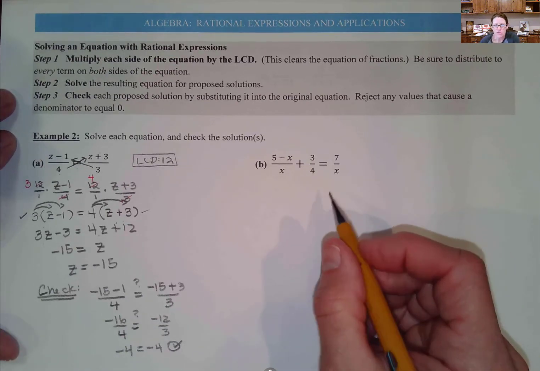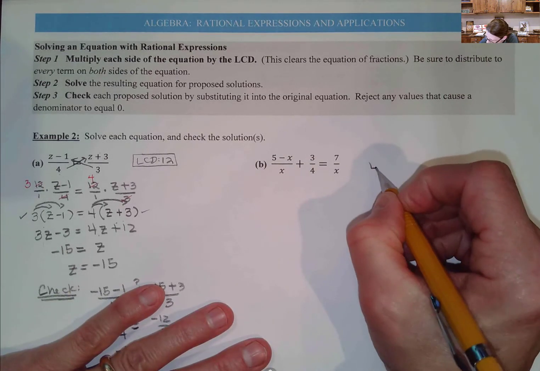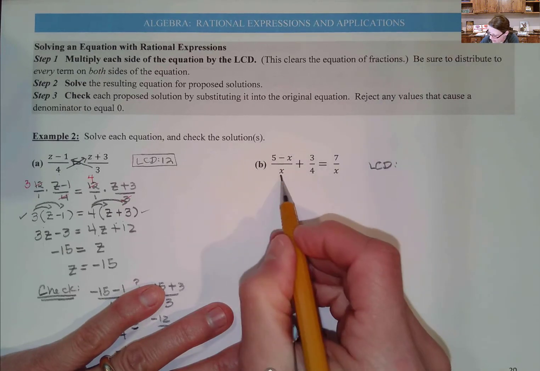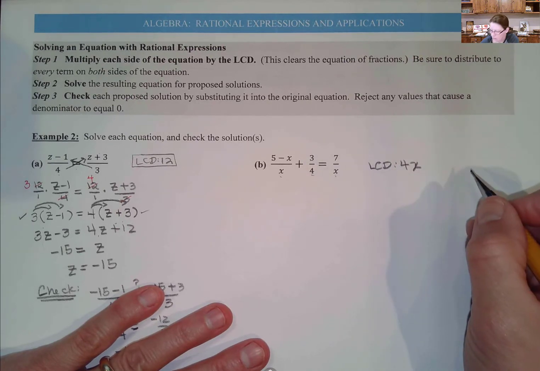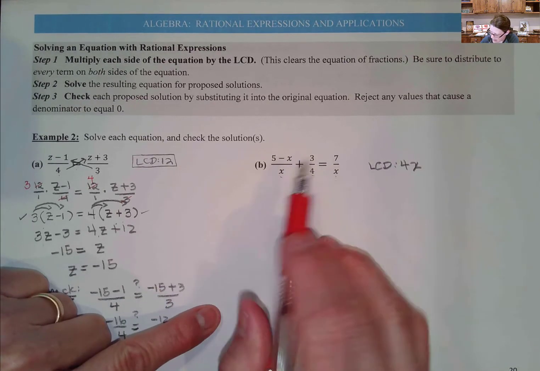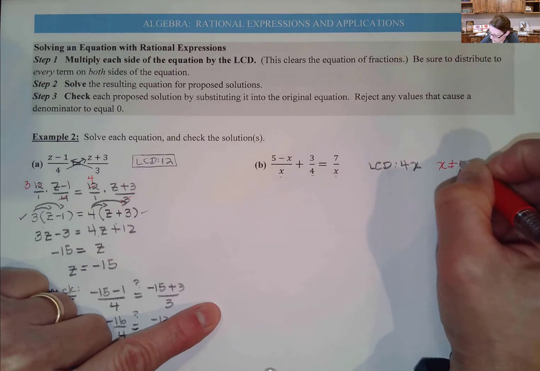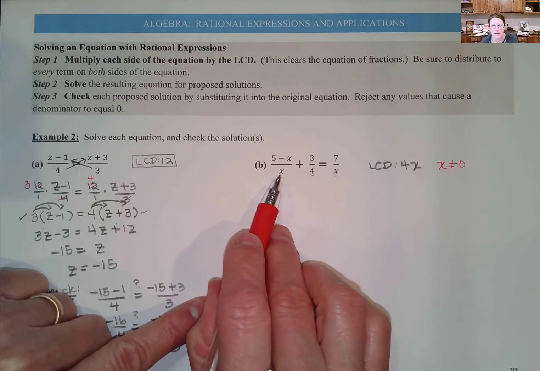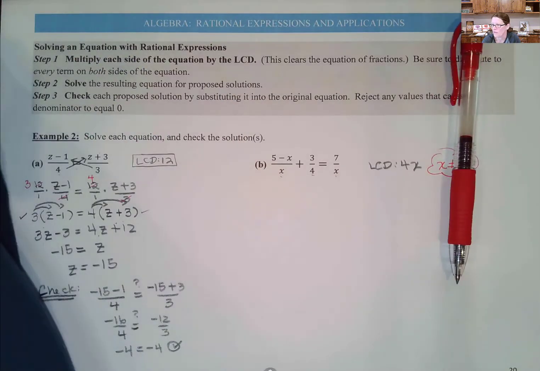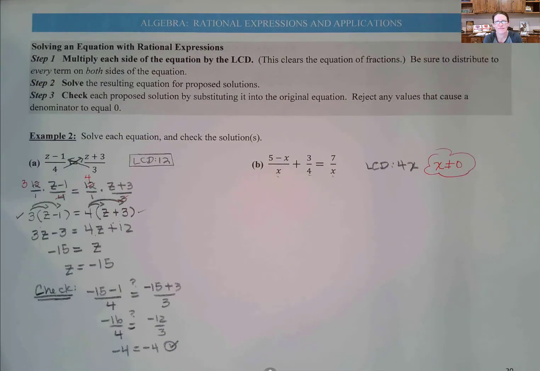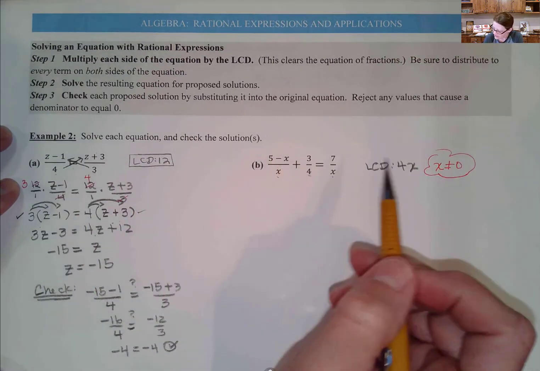In part B, solving this equation, we're going to multiply through by the LCD, which contains every factor that we see here. We see 4 and x. Now, another thing to note is that we cannot allow x to be 0 because division by 0 is undefined. So I'm just going to make a note of that right off the bat for myself here. Let's multiply every term on both sides by the LCD 4x.